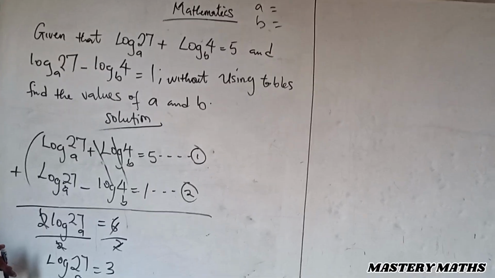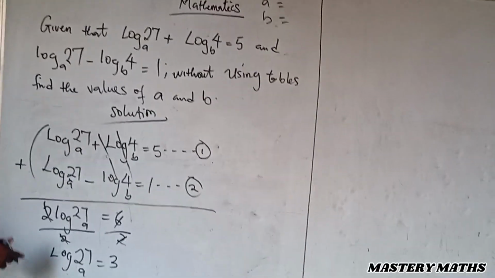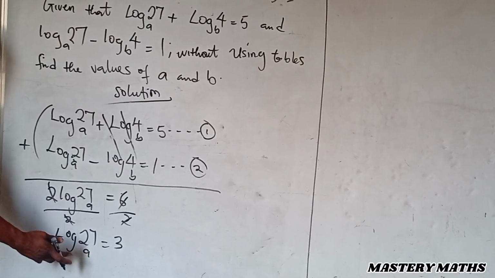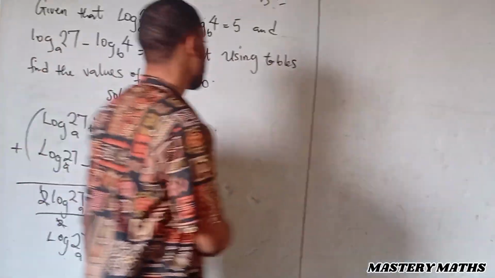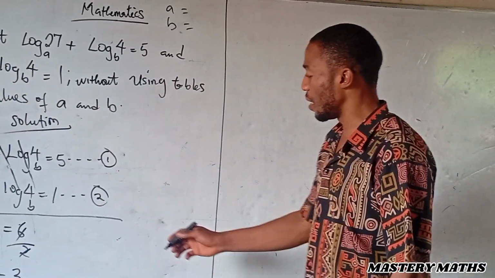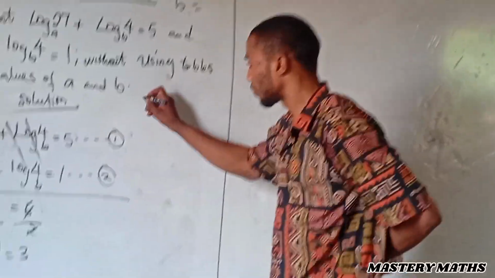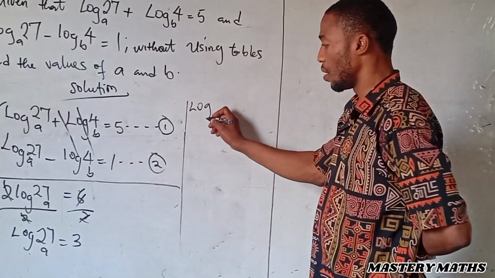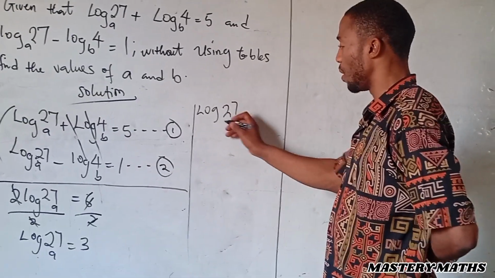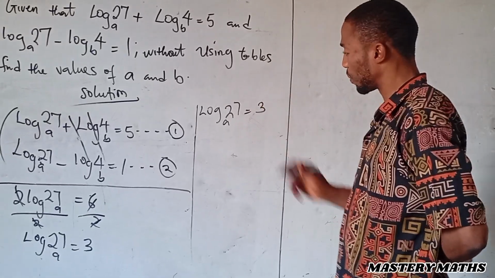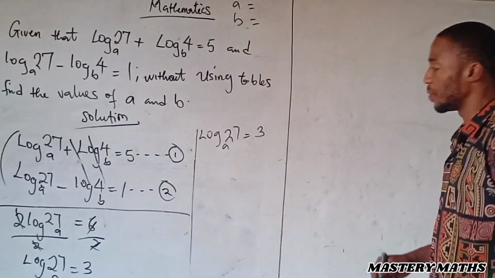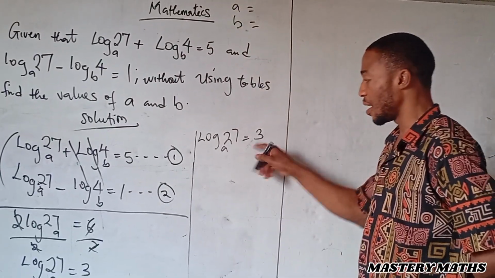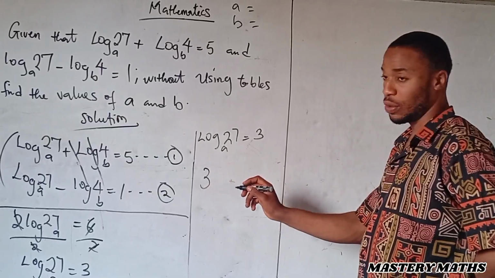Having done this, now we need to solve to get our A. We have log 27 base A is equal to 3. To solve for the A, this 3 comes here to become a big one.